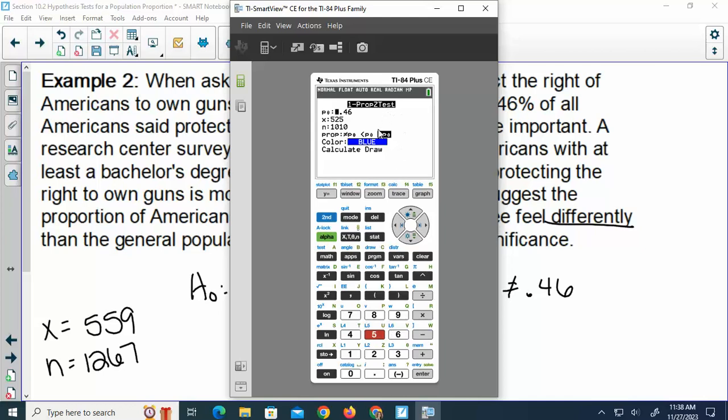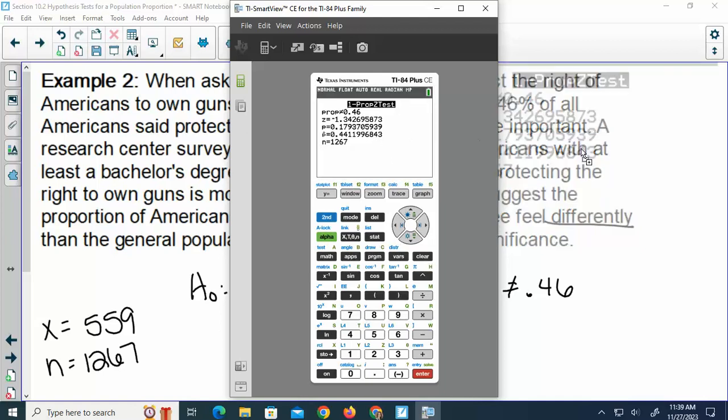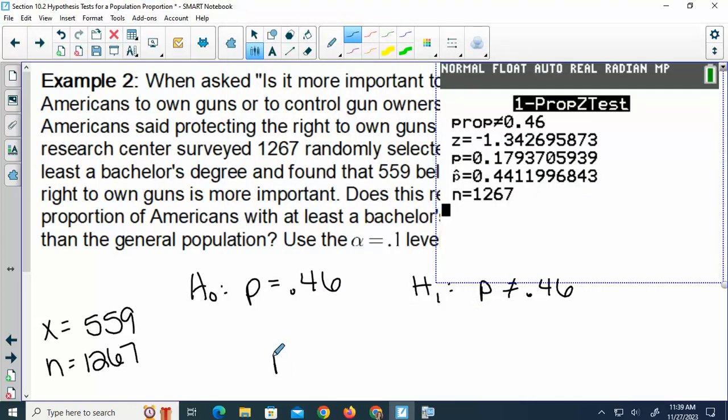Our p is 0.46, x 559, n 1267. We are testing not equal to this time. Calculate. And so we get that our probability is 0.1794.